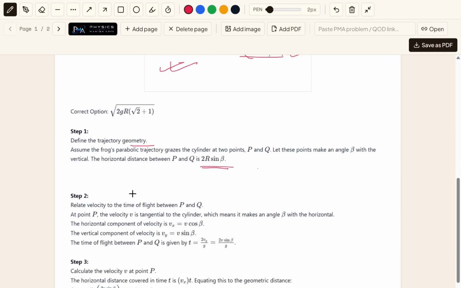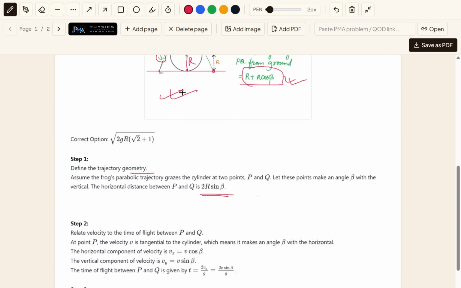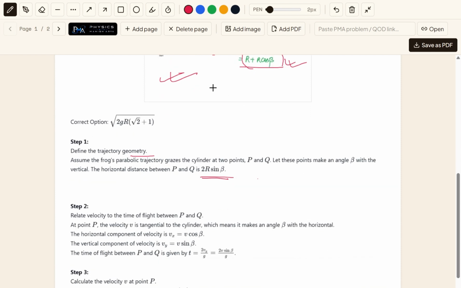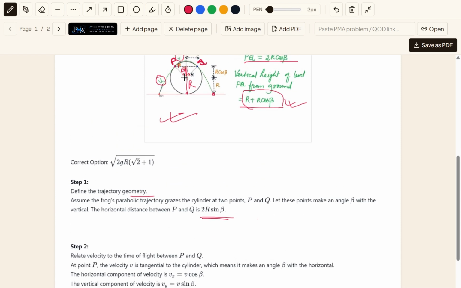Then what we have to do is somehow relate this velocity V at point P with beta. How can you relate that? If you are able to relate it, then we can move on to the next step. So how to do that?